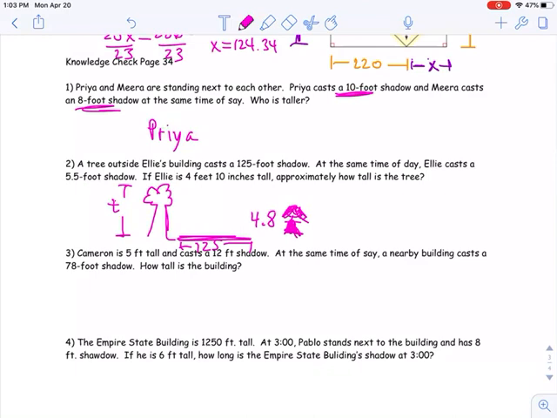Then her shadow is listed as 5.5. This is a little tricky, but then we just say T over 125 equals 4.8 over 5.5, because 4 feet 10 is not 4.10. Please realize that. Let me cross multiply. Again, it's actually 0.83333, I have some rounding in my calculator going on.